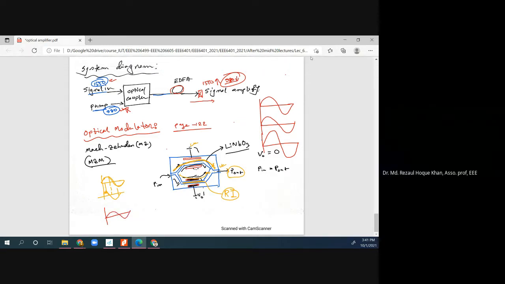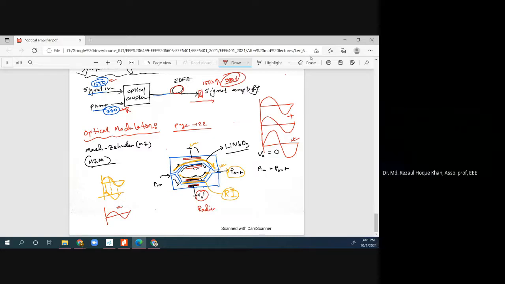Destructively, this is the intensity. So the intensity changes based on the voltage. What will this voltage be? It is nothing but the RF signal. Based on this RF signal, the optical signal changes at the output. Intensity changes, which means you are modulating the optical signal based on the RF signal. That's the operating principle of an optical modulator. We will end here.